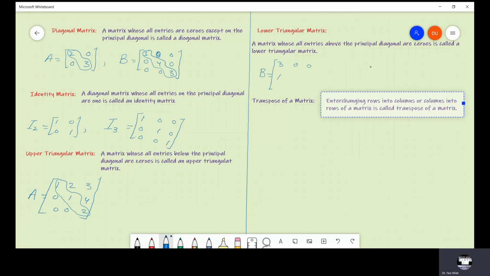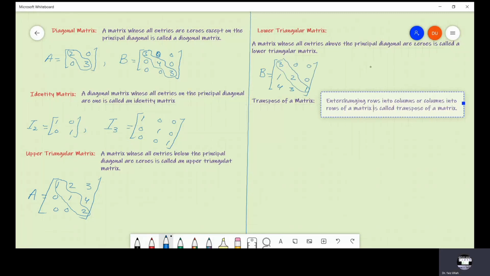Then we have 1 2 0. Now we have 4 3 1. Now we can see that all entries above the principal diagonal are zeros. So this is called a lower triangular matrix.